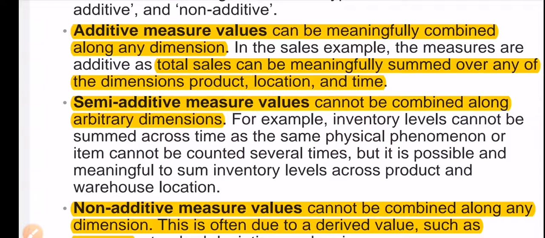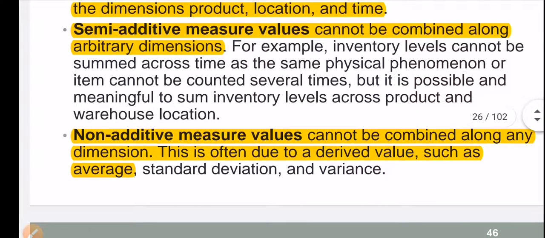Semi-additive measure values cannot be combined along arbitrary dimensions. For example, if you talk about inventory levels, they cannot be summed across time, but they can be summed across product and location. We can find the inventory for the location or the inventory for the specific product, but not for the time dimension.